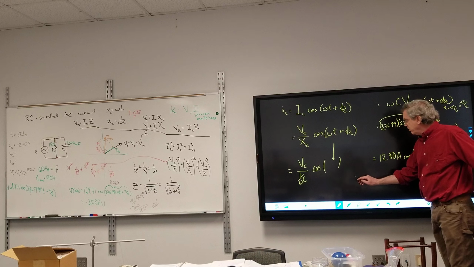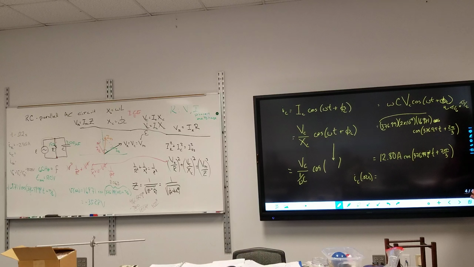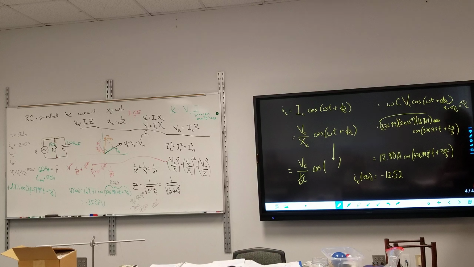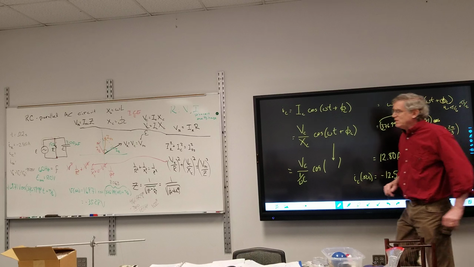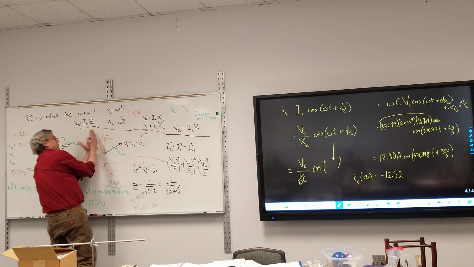And so now the current across the capacitor at 0.02 seconds equals negative 12.52. That's what I got. And it makes some sense, because at 0.02 seconds my voltage phasor is here, and everything's been shifted that way.